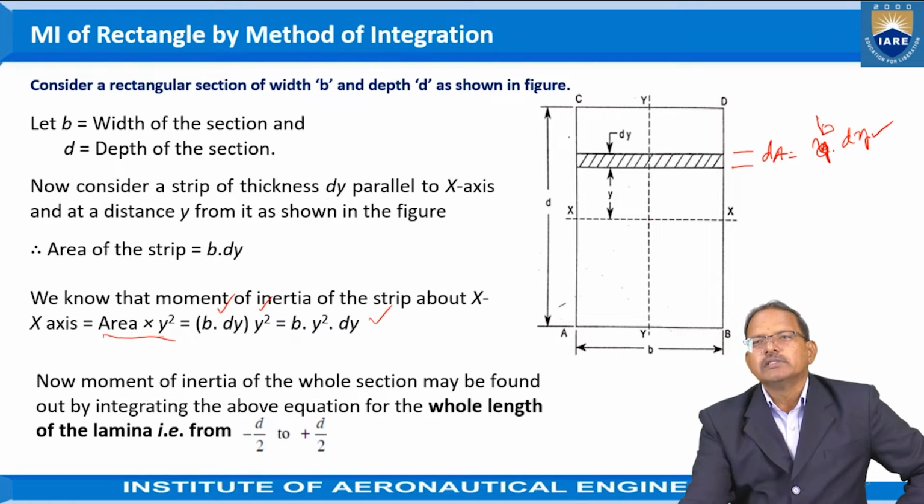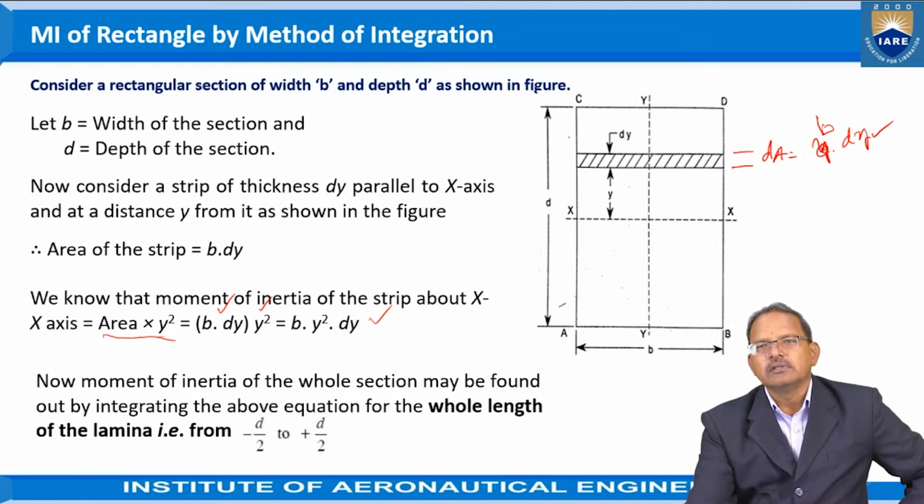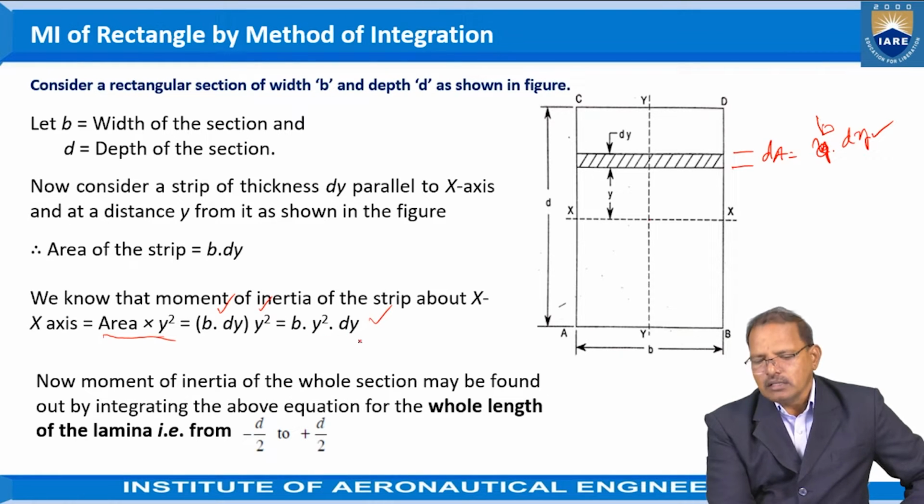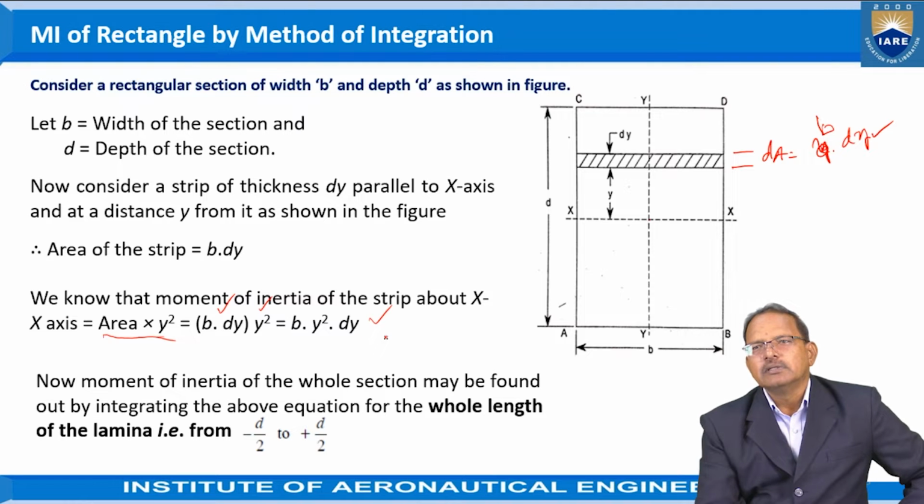Then the moment of inertia of the entire section about the line xx, that is the central axis, is obtained by integrating B y square dy from the limits minus d by 2 to plus d by 2.